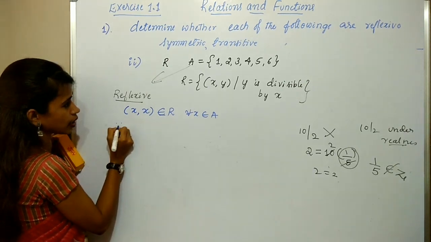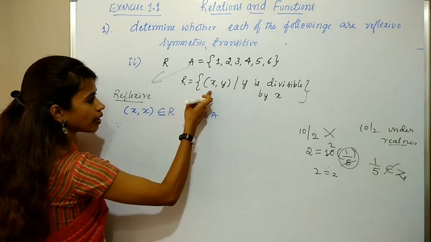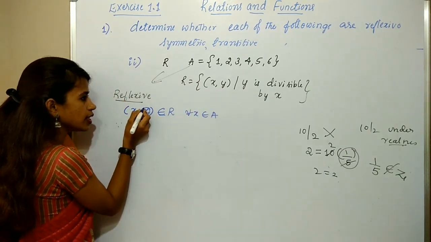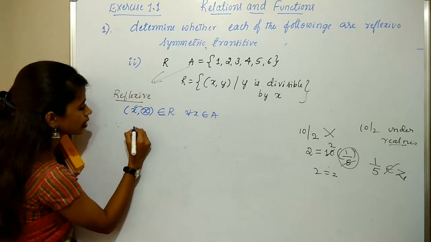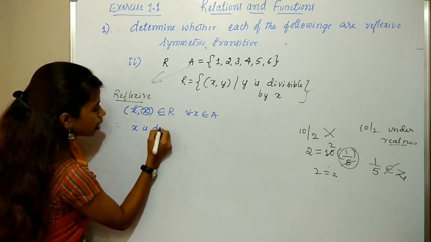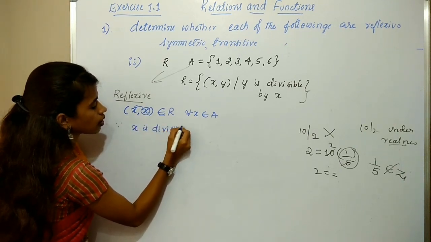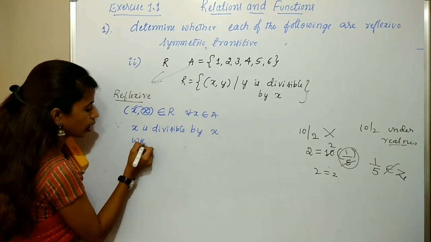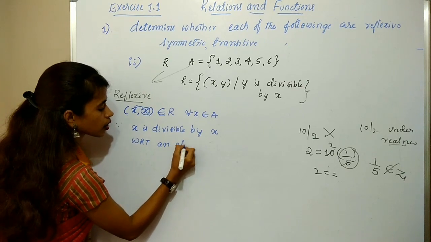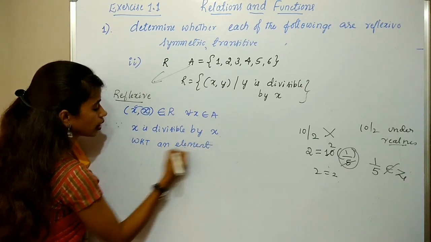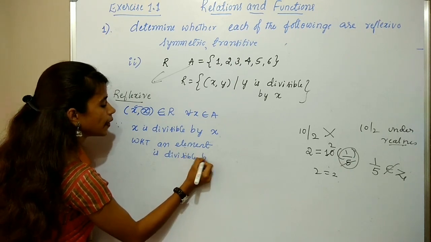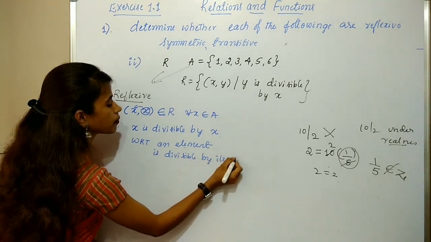Why? This is because to be an element in R, this element y must be divisible by this element, that is, x is divisible by x. So we know that an element is divisible by itself.